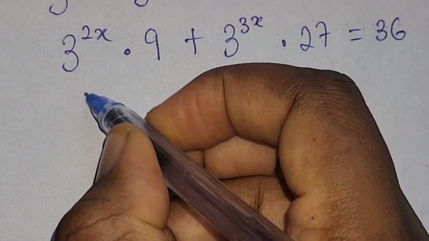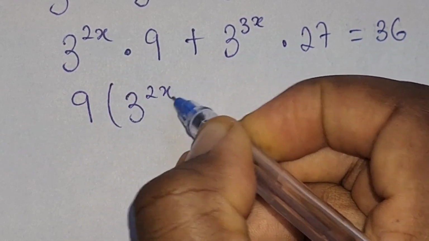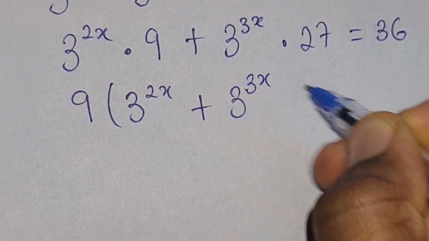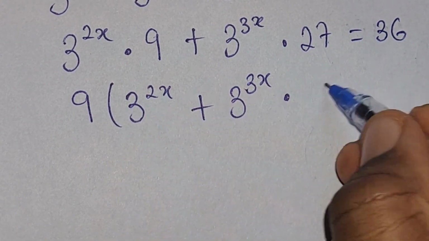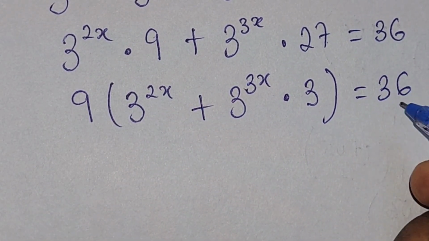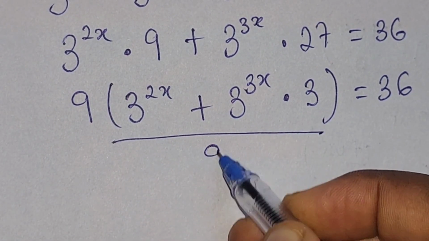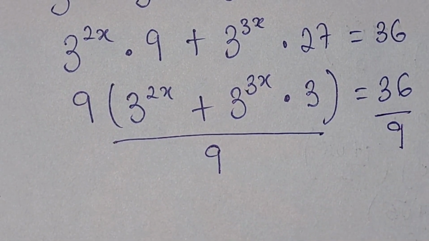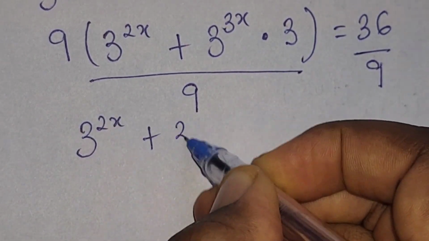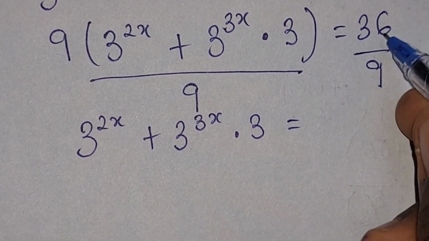We'll factor out 9 to have 3 to the power of 2x plus 3 to the power of 3x times 27 divided by 9, we have 3, and this is equal to 36. So we can divide through by 9 to have 3 to the power of 2x plus 3 to the power of 3x times 3 is equal to 4.